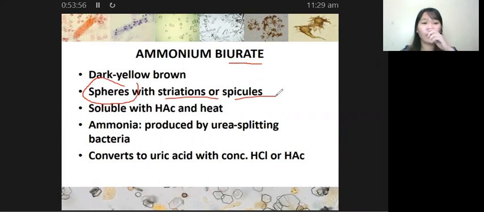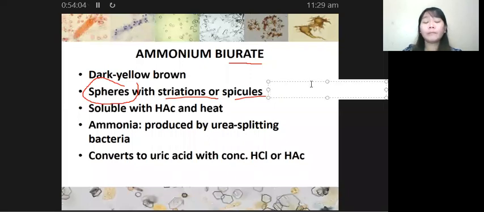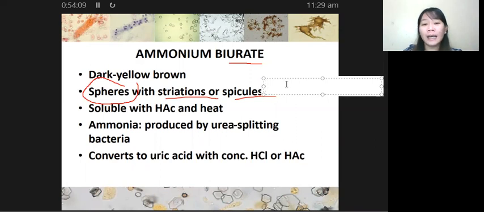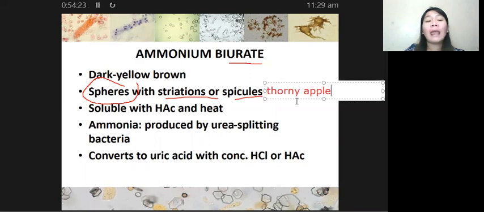Because of this morphology of your ammonium biurate, one unique description given to its microscopic appearance is that it has a thorny apple appearance, and it is soluble in acetic acid and heat.